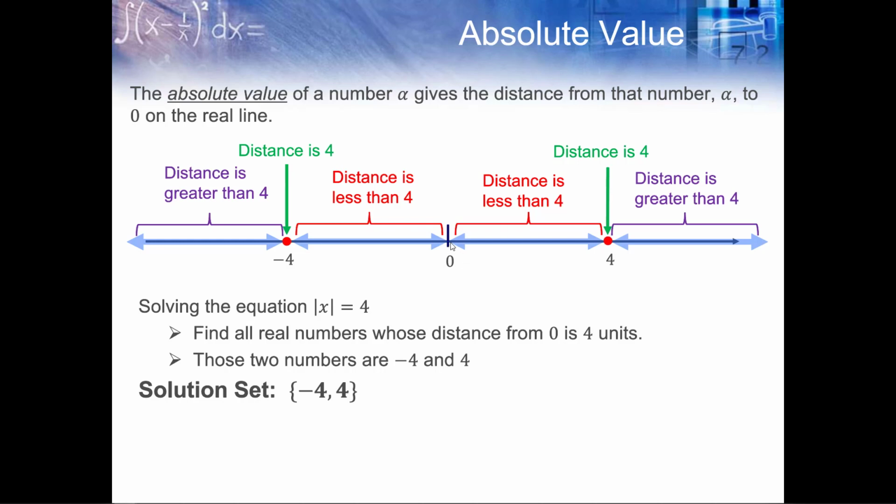Notice the distance from the origin to this particular point, which by the way is negative 4, is 4. The distance from 0 to this particular point, which is positive 4, is also equal to 4. Therefore, the two solutions that make this equation true are the numbers negative 4 and 4, and that is our solution set. That's pretty much the way that we look at absolute values.